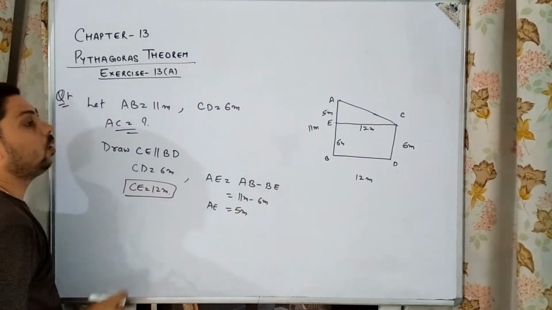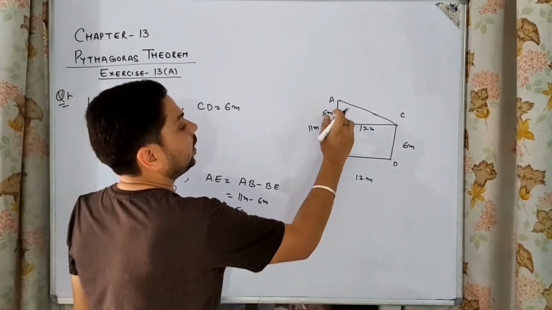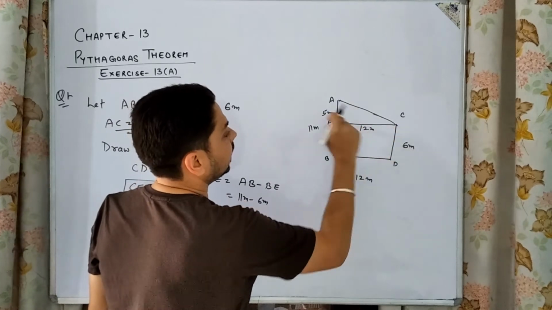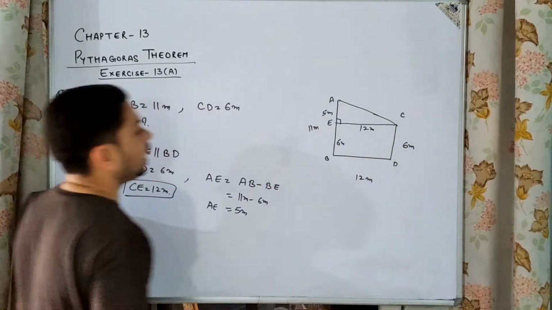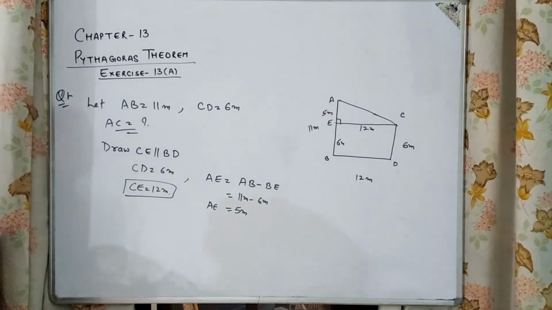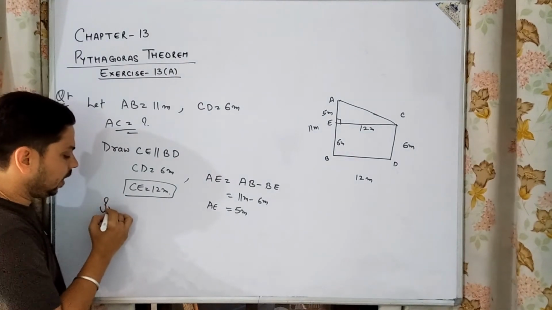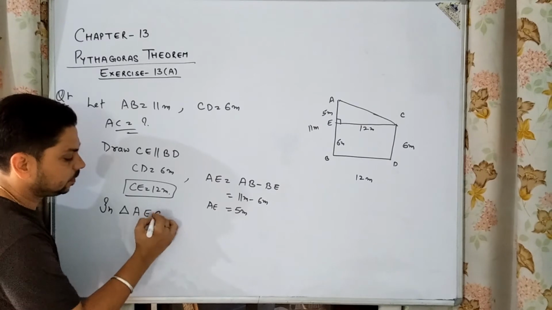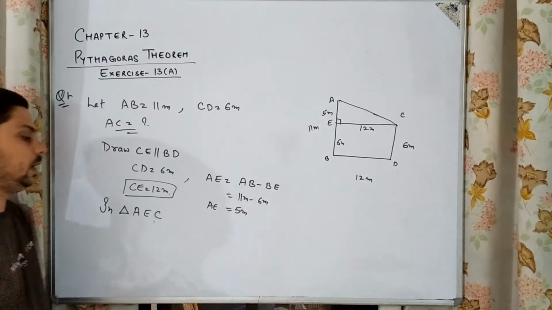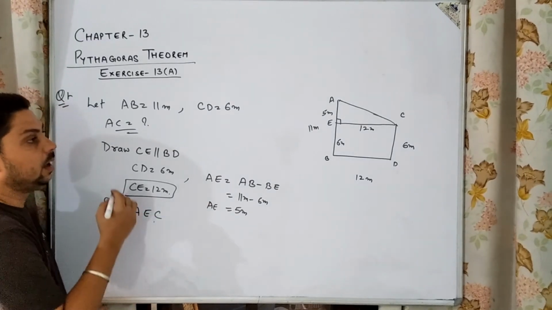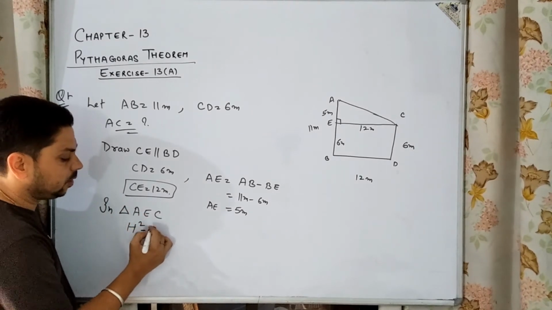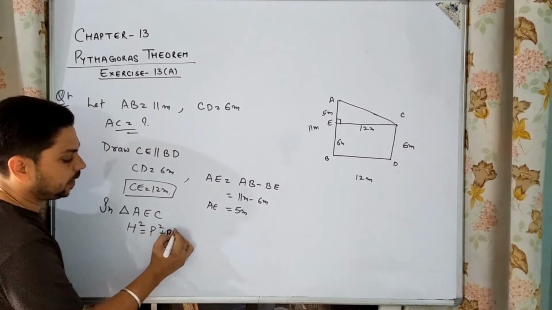meter. Now you can see here we have a right angle triangle AEC, right angle at E. So we can now apply the Pythagoras theorem. In triangle AEC, right angle at E, hypotenuse square is equal to perpendicular square plus base square.